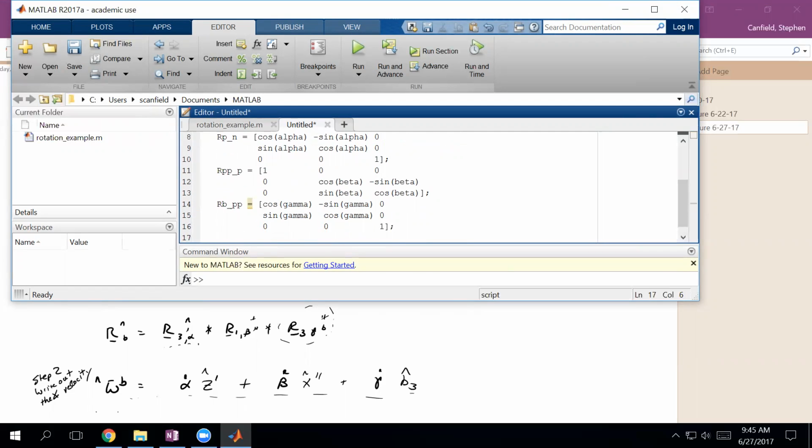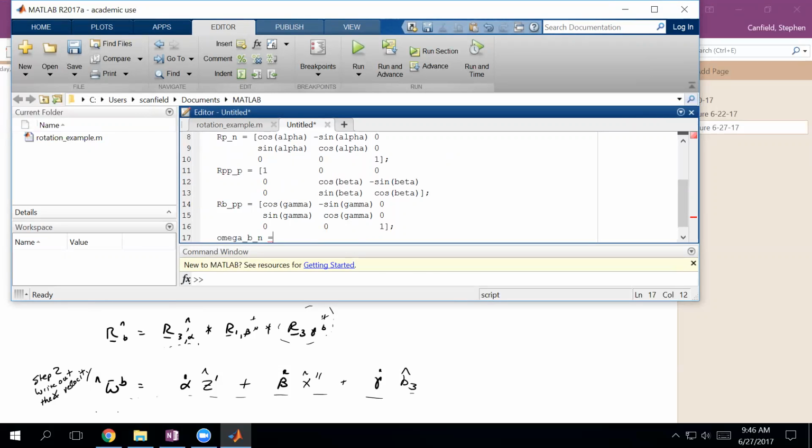All right, now I need the angular velocity. So my angular velocity, omega of B to N, the angular velocity of B relative to N, is alpha dot in the Z prime direction. If it's not too confusing, I'm going to try to do this all in one big step.